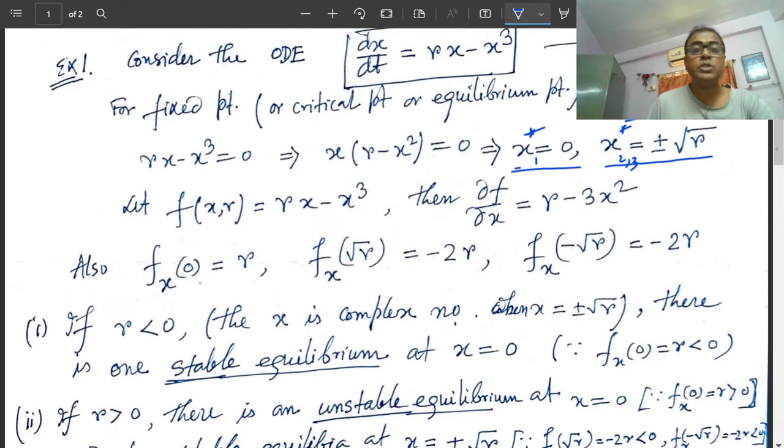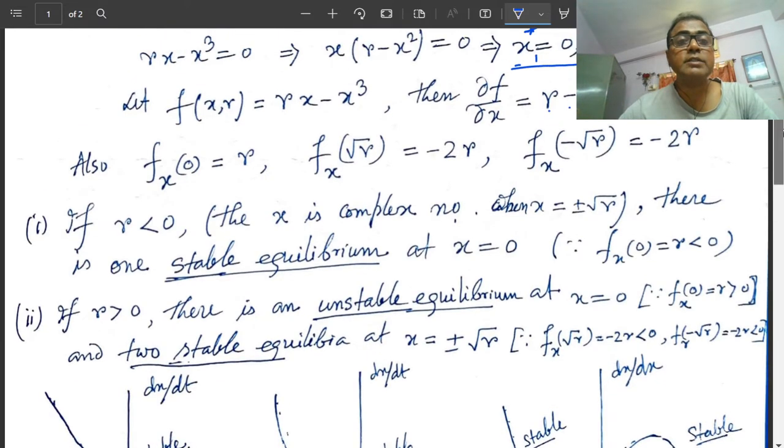At the third critical point x3* = -√r, ∂f/∂x is also -2r.